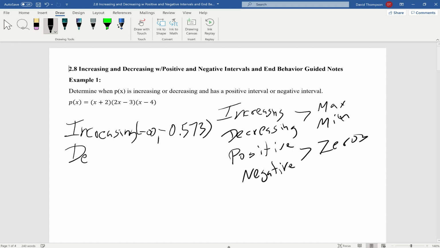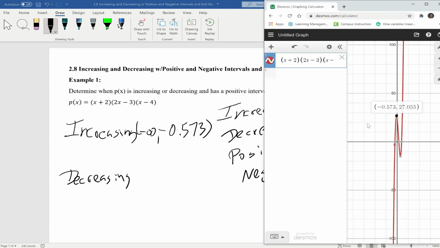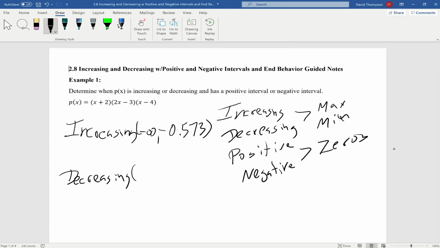Now let's do our decreasing. Well, let's leave some space. We might increase again. So now we go from increasing to decreasing. So we trace the graph. We decrease from negative 0.573 to this min at 2.907. So that'd be from negative 0.573 to 2.907.